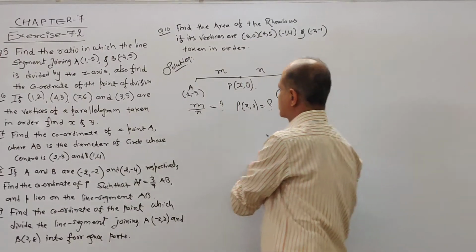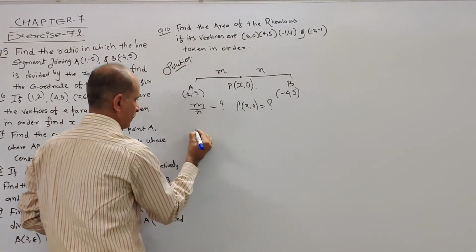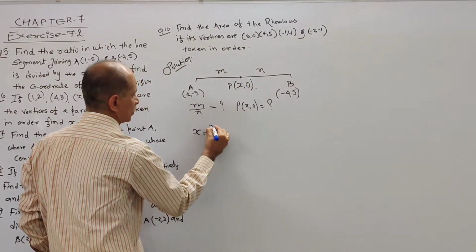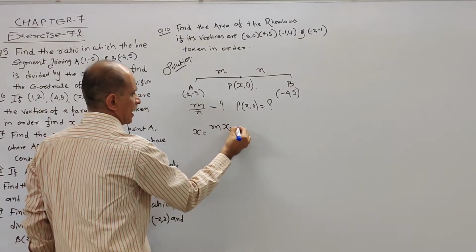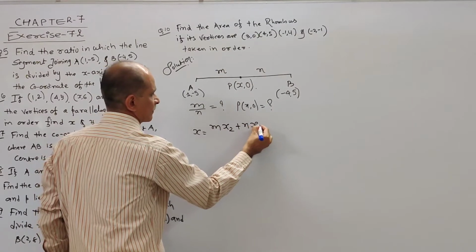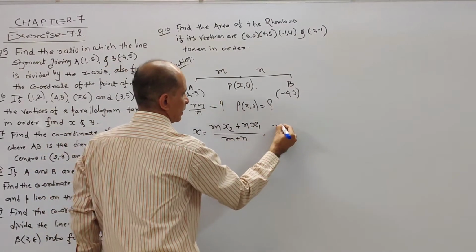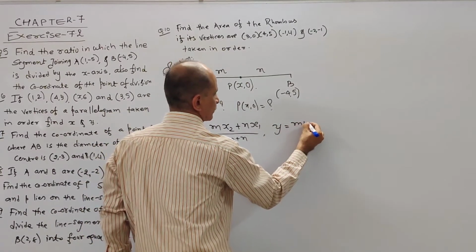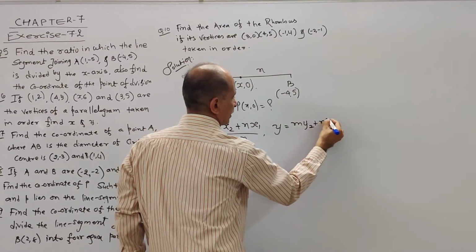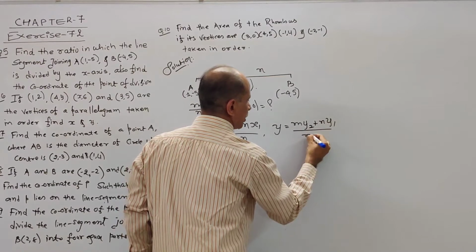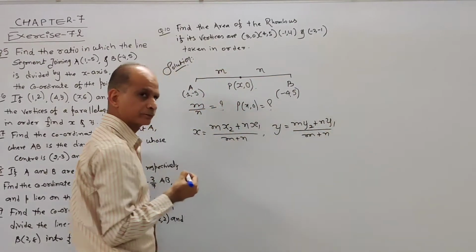According to the section formula, x is equal to (m x2 plus n x1) upon (m plus n), and y is equal to (m y2 plus n y1) upon (m plus n).